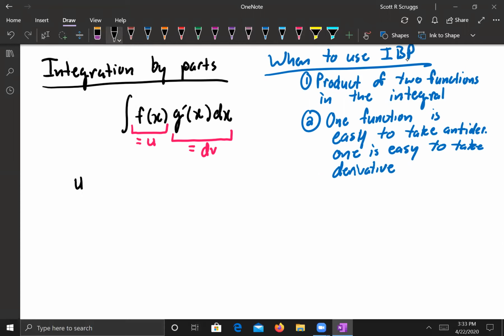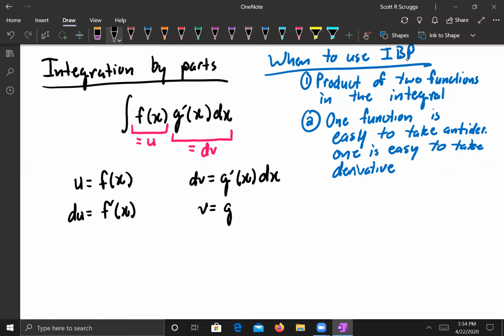So I have u equal to f of x and dv equal to the derivative of g of x dx. Next thing that I do is I take the derivative of the function that I paired with u, because that is easy to take the derivative of. And I call v to be the antiderivative of what I've gathered.